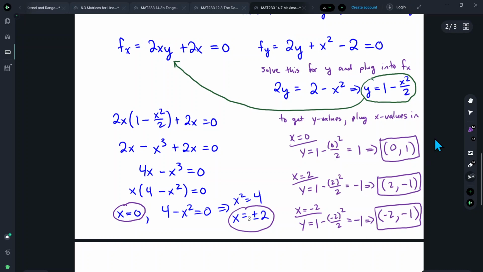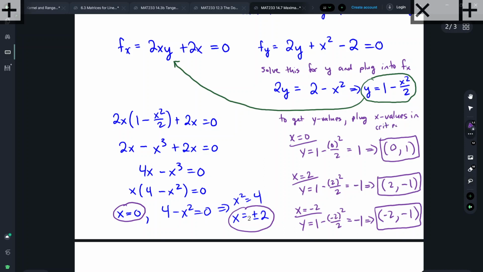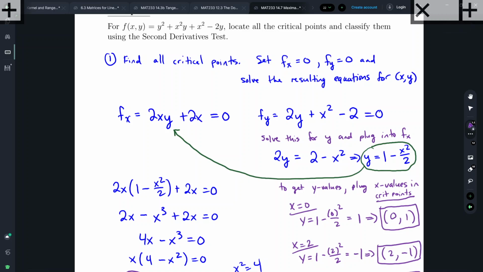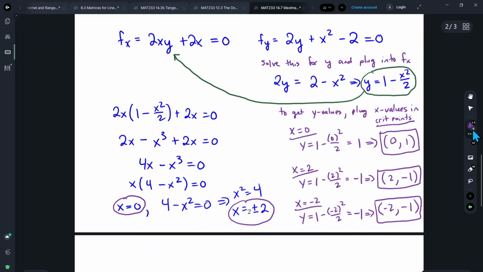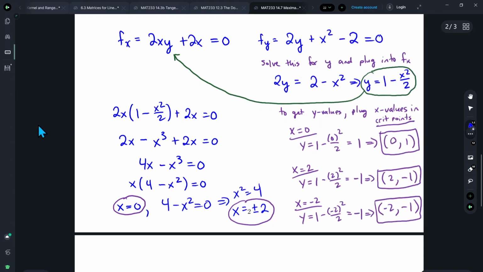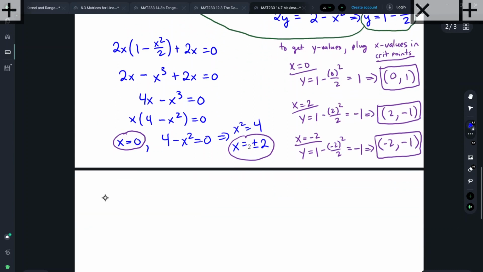Okay, so just squeezing it into the corner here, but these are the critical points. Okay, so in this example, my function has 3 critical points, and so now what we need to do is to classify the critical points using the second derivative test.